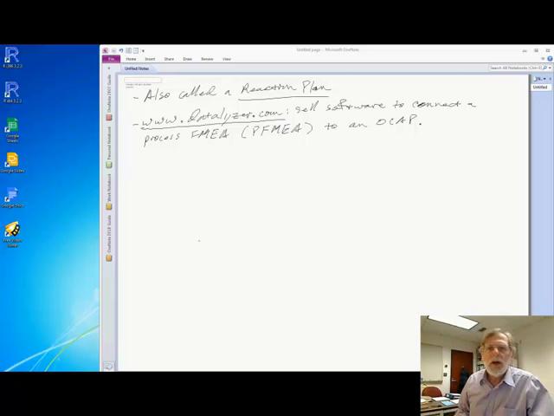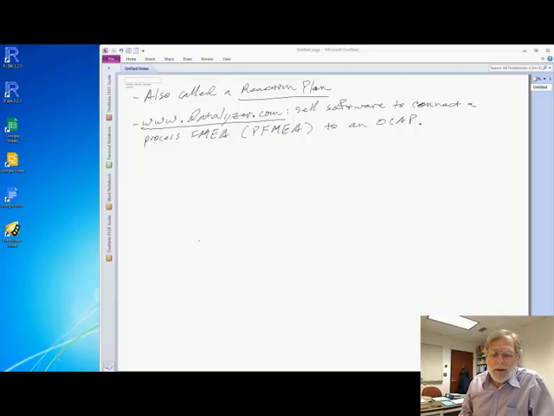So I was talking about this Datalyzer software. Actually, they have several software products that are intended to integrate a process failure modes and effects analysis with the out-of-control action plan that's connected to a control chart.